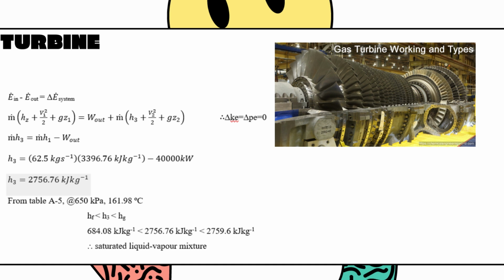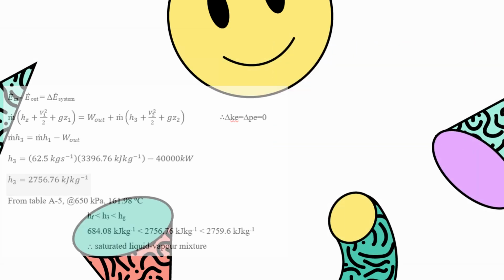So 684.08 kilojoules per kilogram is less than 2,756.76 kilojoules per kilogram, which is less than 2,759.6 kilojoules per kilogram, which indicates that it is a saturated liquid vapor mixture. That is all for the compressor and turbine part.